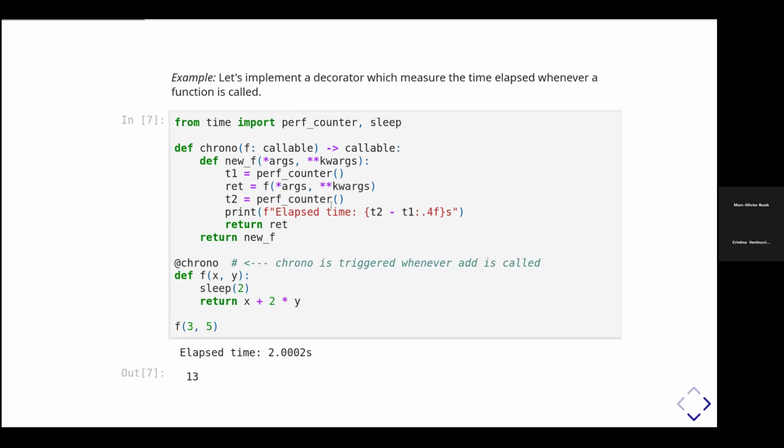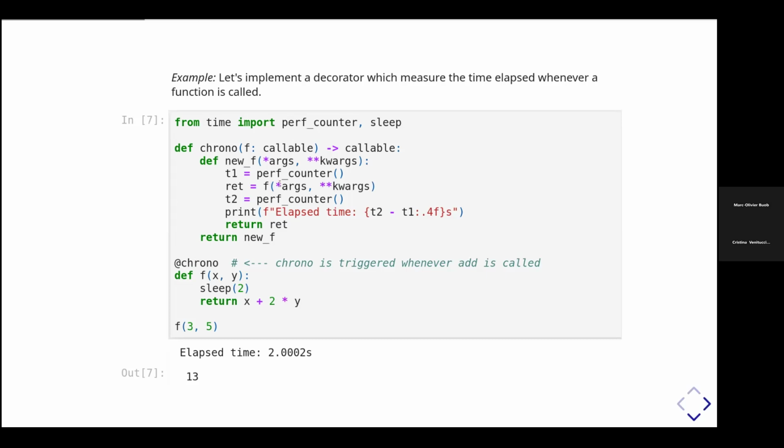A decorator is a function. So I define a def chrono that takes a function as a parameter. This function is actually the function that will be decorated. Then inside, I write what I want to do. I measure the time when I enter.